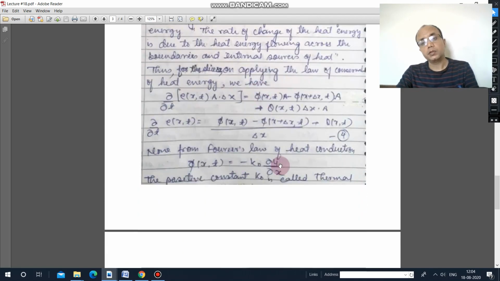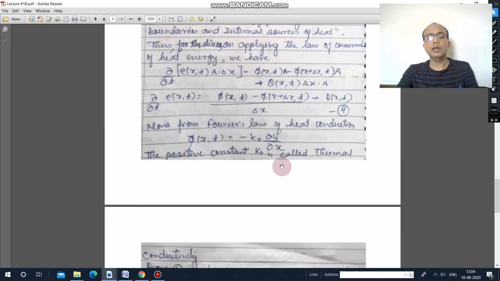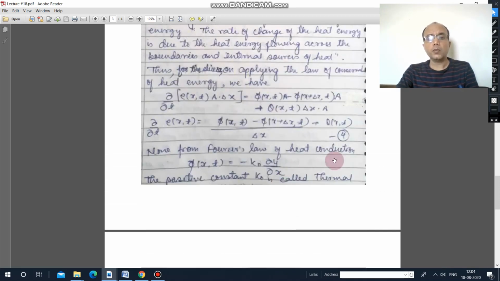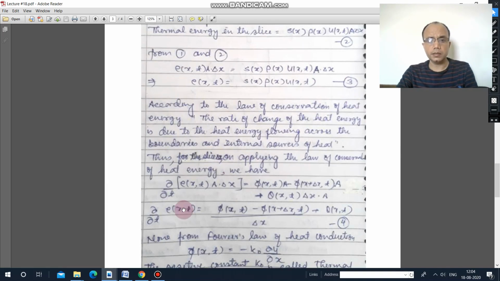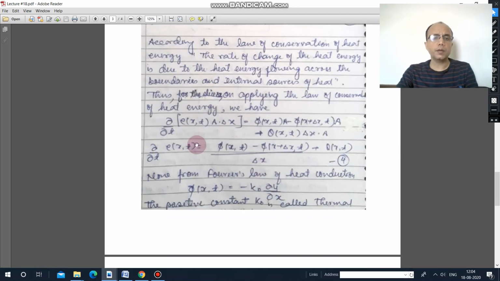That's why we have written this minus. Clear? So phi(x,t) equals minus K0, which is a constant known as thermal conductivity. So phi(x,t) equals minus K0 del u by del x. Now from equation 4, put the value of e(x,t) from equation 3 here. If you take the minus sign outside, this will become phi(x plus delta x, t) minus phi(x,t) upon delta x.